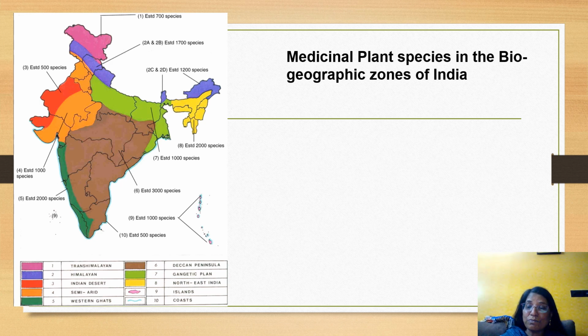So the plant species modify themselves to the ecological and climatic conditions, and they are able to survive in that particular place. This is very important information, because when you are doing conservation or research on a particular species, first we need to know where this diversity is and where the plants are.